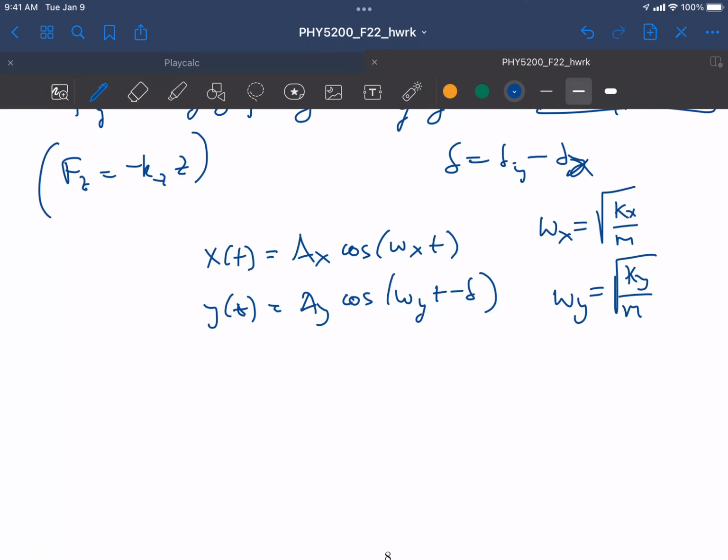But the bottom line is, if the ratio of these omegas is a rational number, which means it's not a fraction with an infinite number of terms. Like if omega x divided by omega y depends on this quantity, and if that is a rational number, like 6.